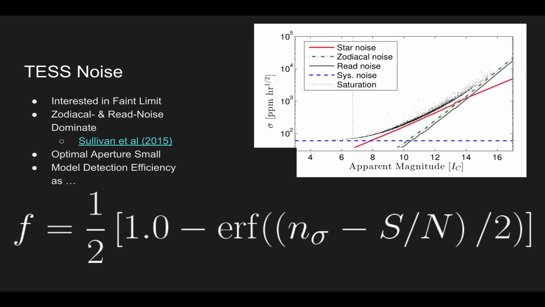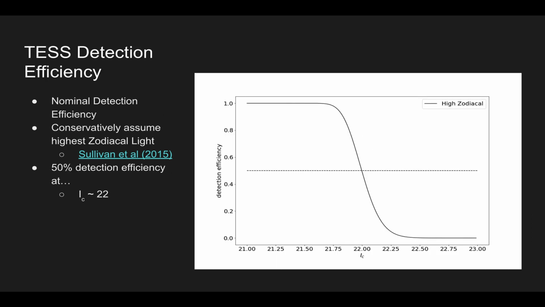If we assume that, then we can make a model of what our expected detection efficiency is as a function of object magnitude. So here we're stacking up somewhere in the region of 1,200 or 1,300 exposures, i.e. from an entire sector. We're saying that we've got a high amount of zodiacal contamination.